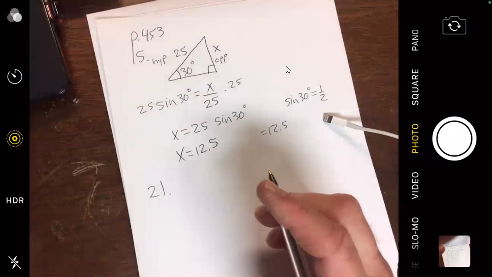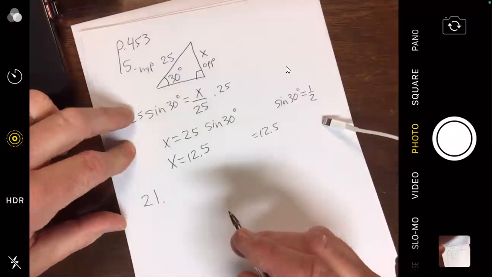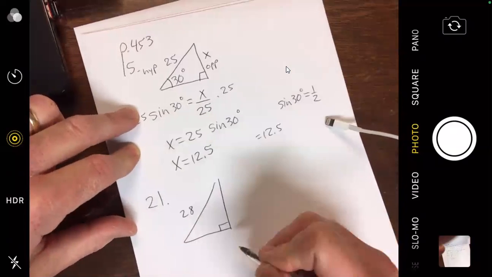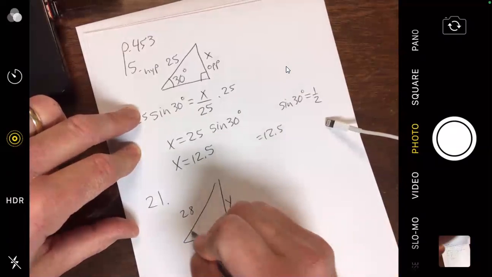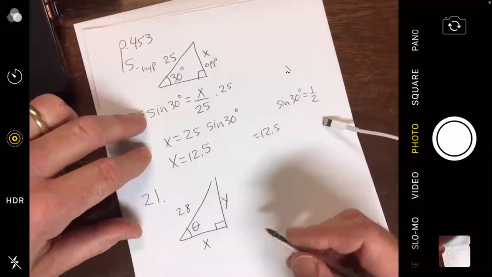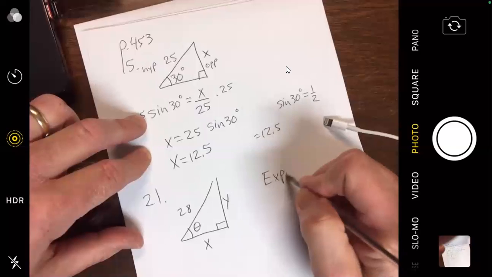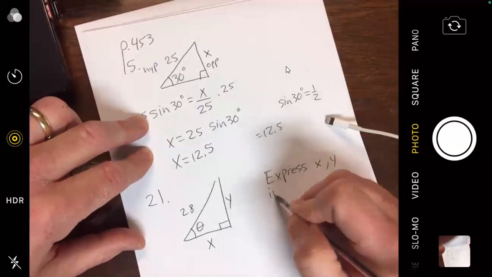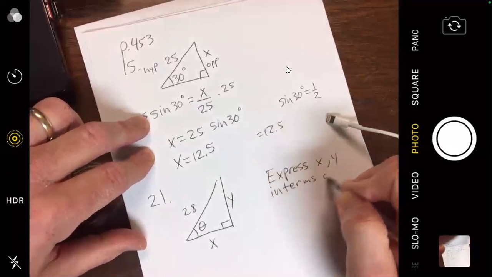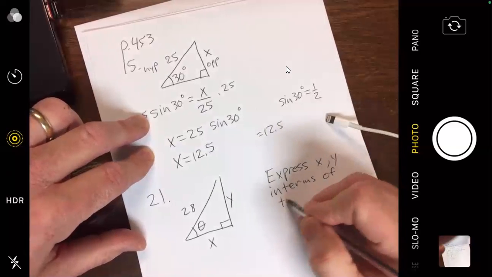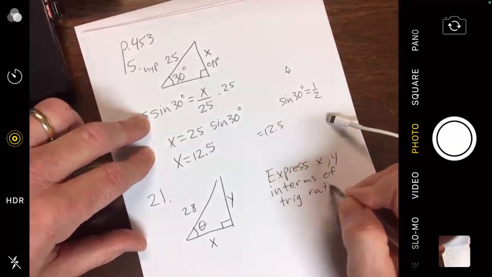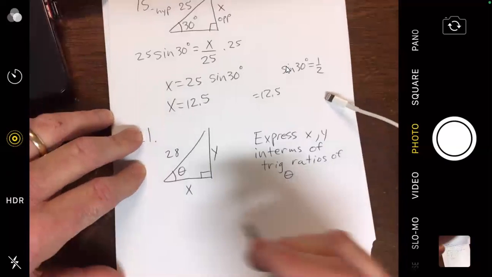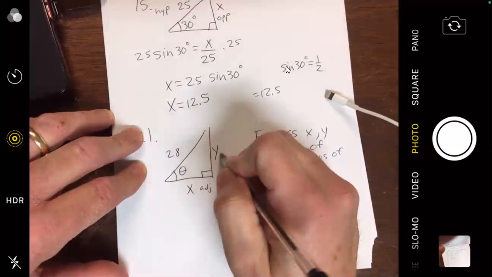Okay, 21. Y, X, and theta. Express X and Y in terms of trig ratios. Theta, they're not really clear on the directions here. Well, notice this is adjacent, this is opposite.